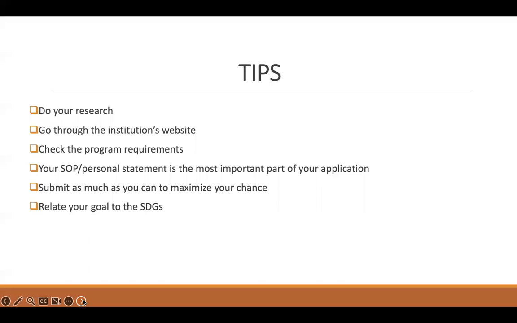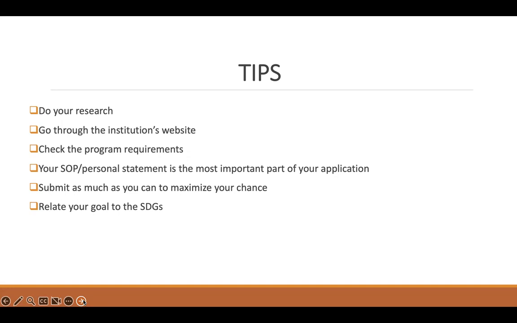If you think, okay, it is related, before they will consider those related degrees, they will consider the priorities that they mentioned in that program. So it is a better chance for you to apply to a program that actually merges with your undergraduate studies. So your SOP or personal statement, yes, that is the most important part of any application.